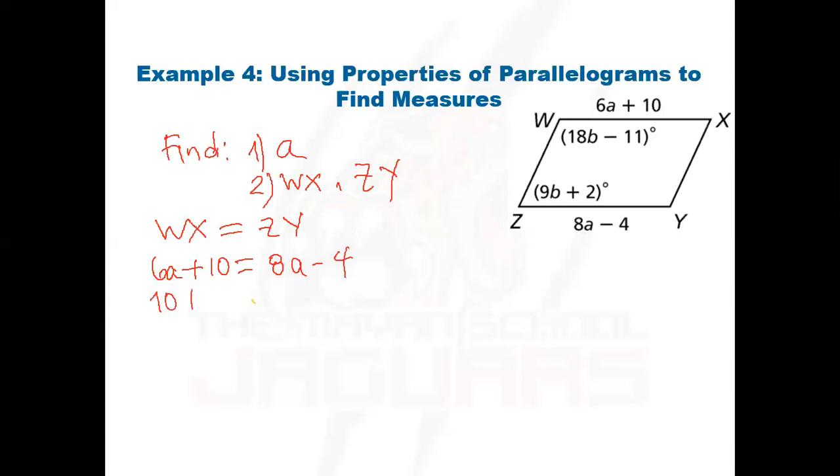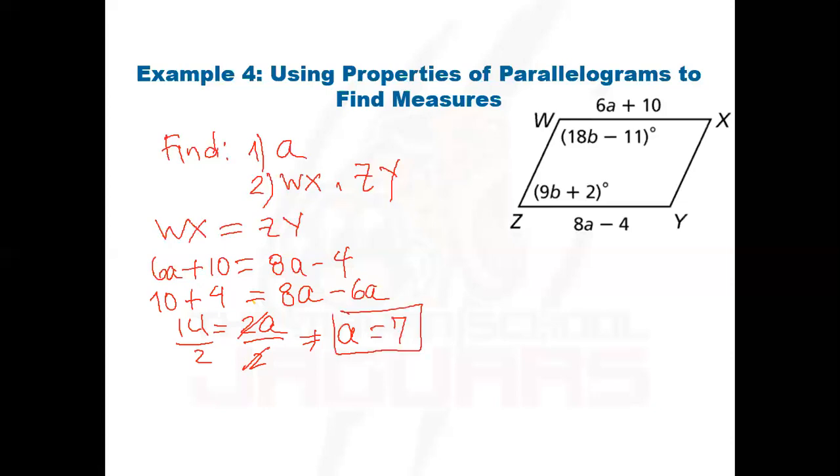Let me collect numbers on the left side, and it would be 10 plus 4 equals, let me collect variables on the right side, 8a minus 6a. And 10 plus 4 is 14. 8a minus 6a would be 2a, divided by 2 will lead us to the value of a, that is 7. So the value of a is 7.